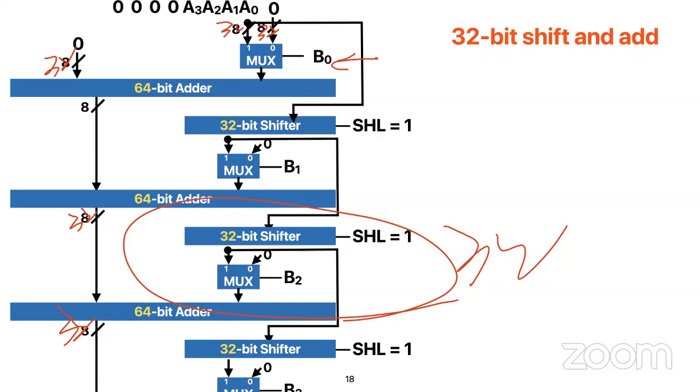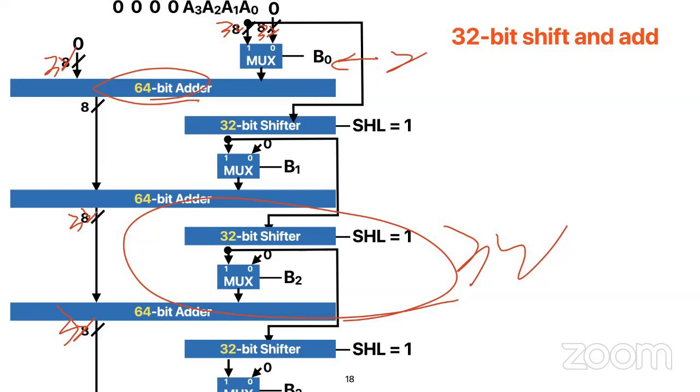Okay, I have Nicholas. What do you think? It's 2 gate delays per mux. Okay, and how about this adder? For a 64-bit adder, any idea? I think it's 32. Is it, Giovanni? 32?